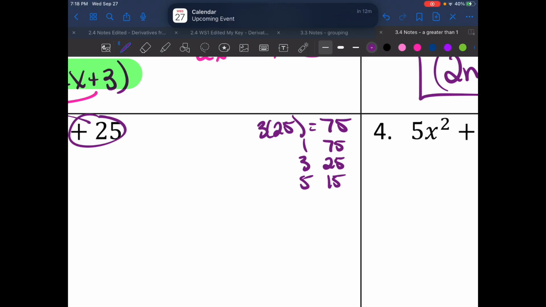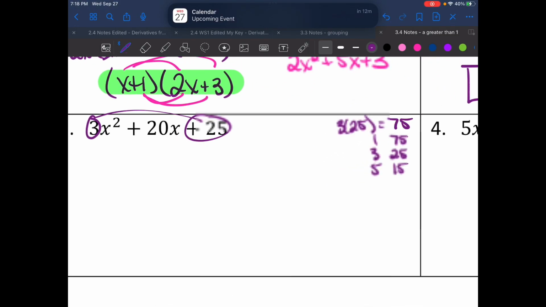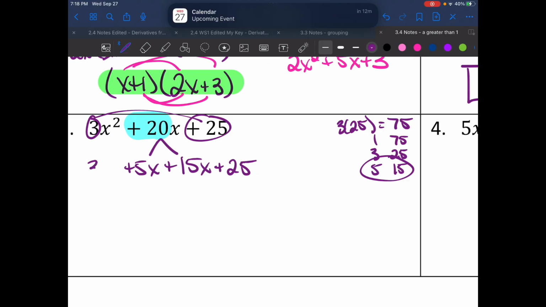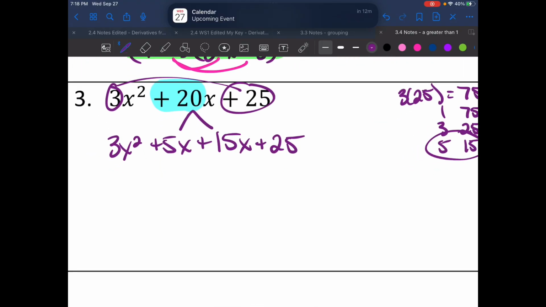I think that's it. I need a factor pair that adds together to be 20. That's going to be my 5 and 15. Take that 20x and we break it up: positive 5x, positive 15x. Bring down that plus 25 and that 3x squared.